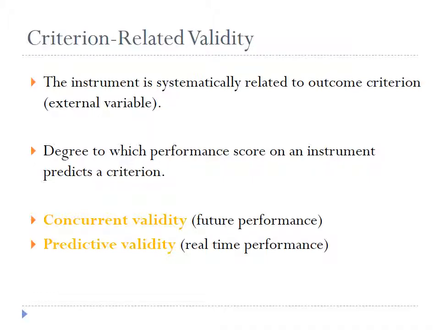Predictive validity are scores in classes in your counseling program, and then your score on a comprehensive exam at the end of your program. Students who do poorly in classes during the program end up not passing the comprehensive exam. An example of strong predictive validity.